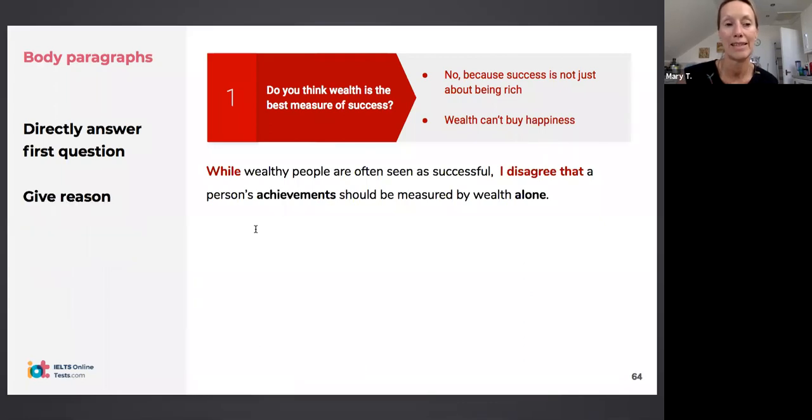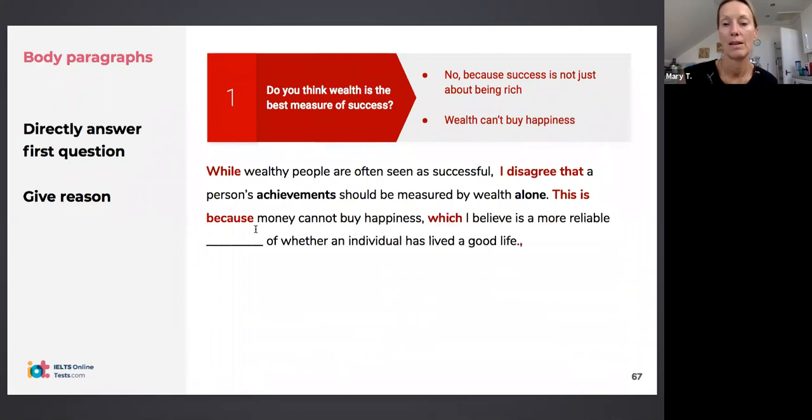Okay, and then give a reason. So it's really nice to use this kind of linking expression. This is because money cannot buy happiness. Okay. Which I believe is a more reliable what? Indicator.